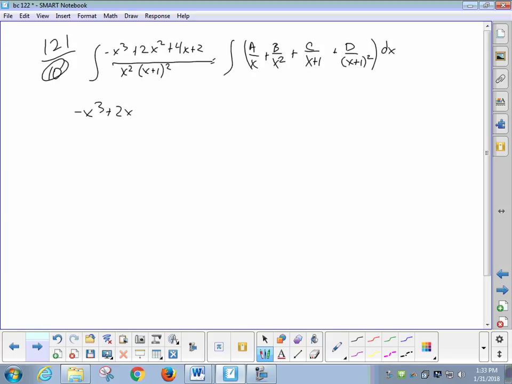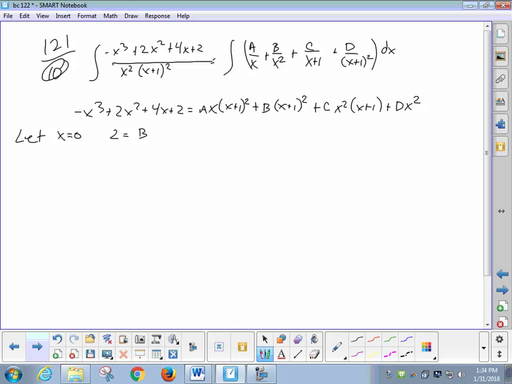Negative x cubed plus 2x squared plus 4x plus 2 equals A times x plus 1 squared, B times x plus 1 squared, C x squared times x plus 1, and D x squared. Do you agree? Yes, you do. So let's let x equal 0. Then 2 equals B, and that's all. B is 2.